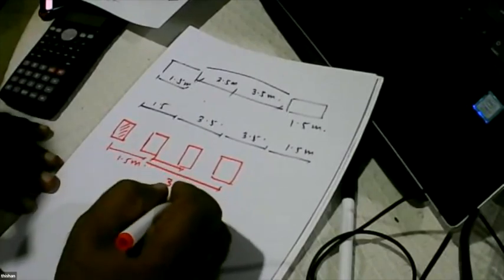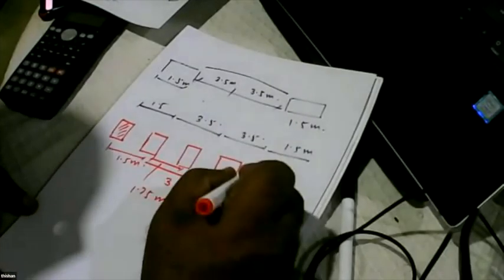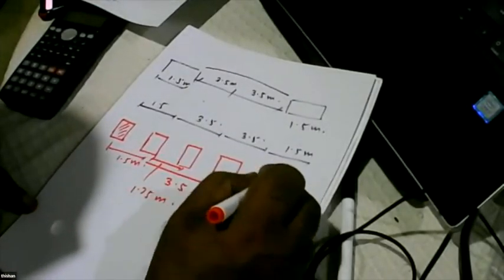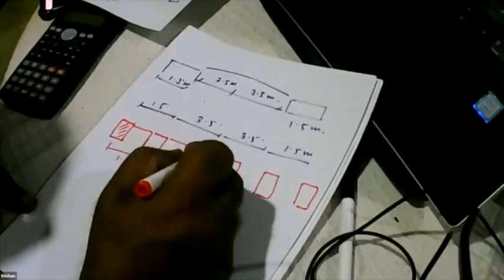And what can you say about the distance? So this will be about 1.75. So once you arrange the beams like this, and the last one, you can cast the deck.